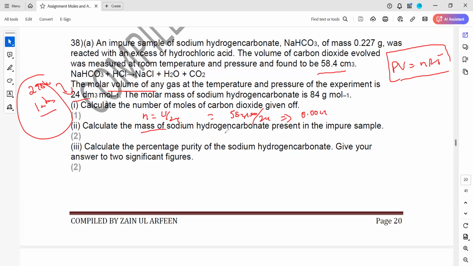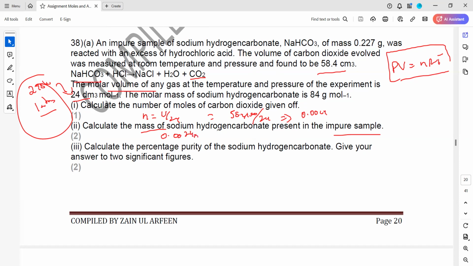Calculate the mass of sodium hydrogen carbonate present in the impure sample. The ratio between the carbon dioxide and the sodium hydrogen carbonate is 1:1, so the same number of moles will be there, 0.0024.